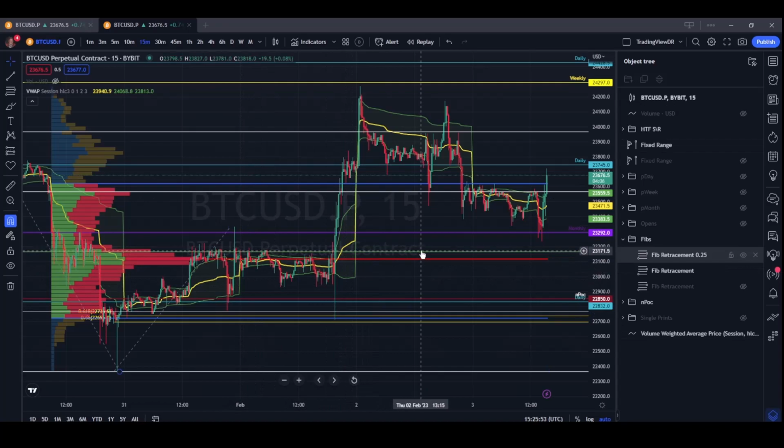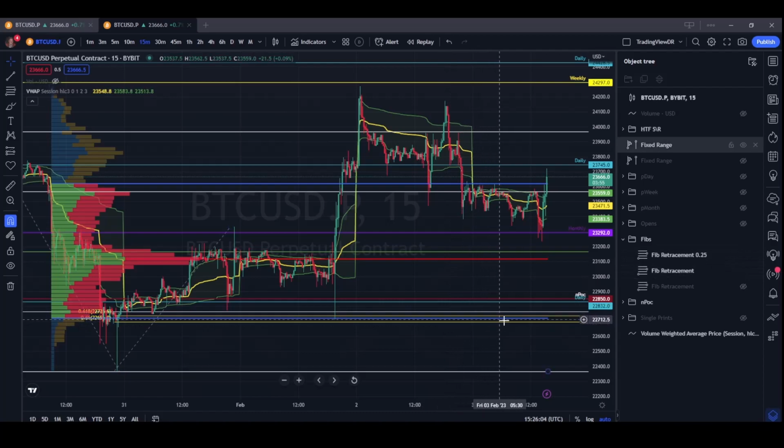I'll leave that. And you can see there's a lot of support down here. This is a zone, so I probably just need to leave one of these lines, and probably this value area low here, which is right between this fib retracement, is probably a very strong area of support. So let me do that.